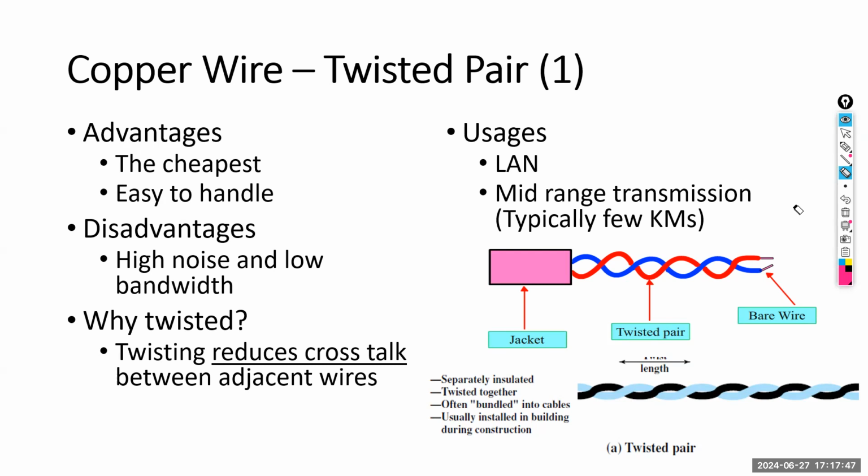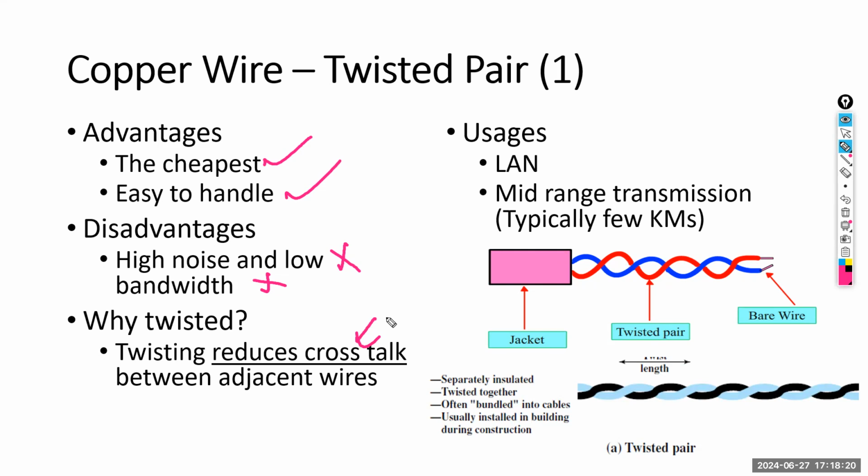This is frequently used, it is the cheapest and easiest to handle, but it is not the best when it comes to bandwidth. Bandwidth is relatively low, with a lot of impairments like noise and so on. As I told you, why do we twist it? To reduce the crosstalk.